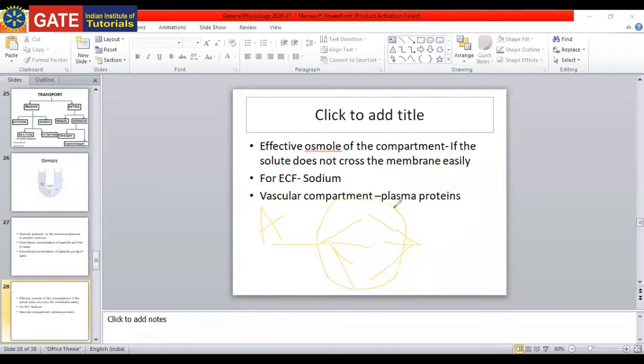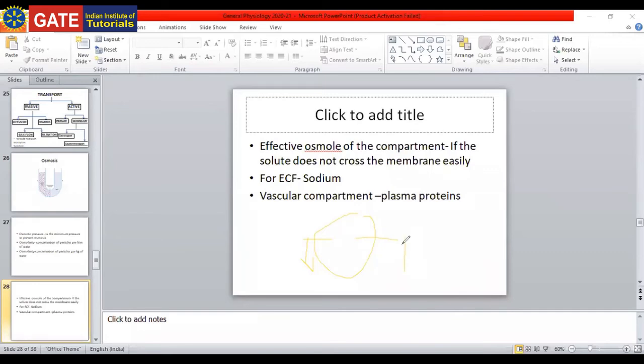Do you all agree with this? Yes, ma'am. You understood this side is the arterial end, this side is the venous end, and the exchange takes place here. Now the fluid from here will move out, and the fluid from here will move in.